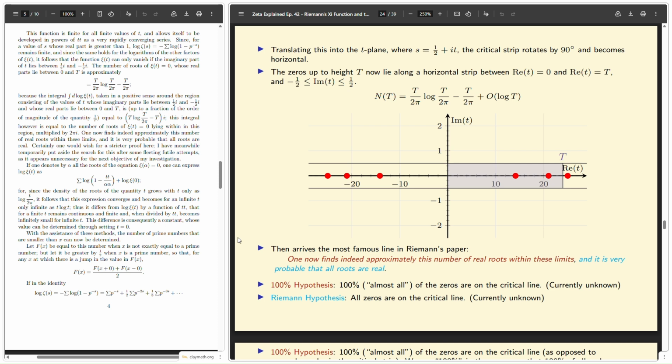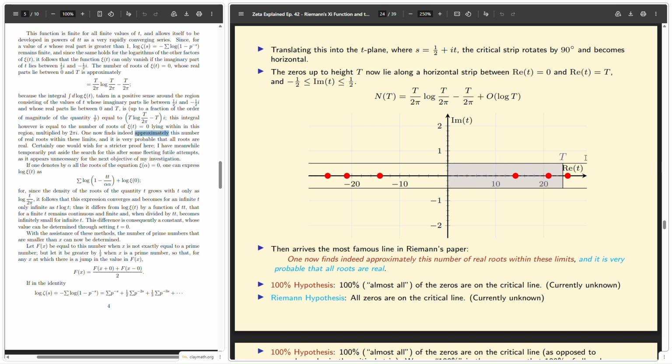For the first statement, it's not super clear what he means by the word approximately, or about, depending on which translation you use, because remember this was originally written in German. But a lot of people believe that what he meant is something equivalent to what is known as the 100% hypothesis. He's saying he found a formula for the number of zeros in the whole strip.